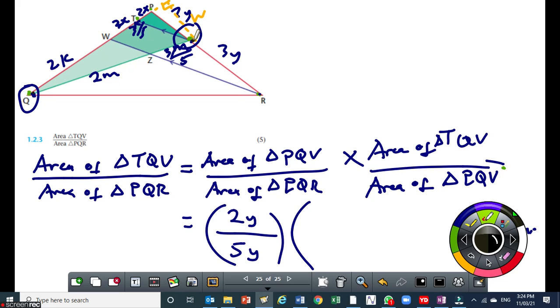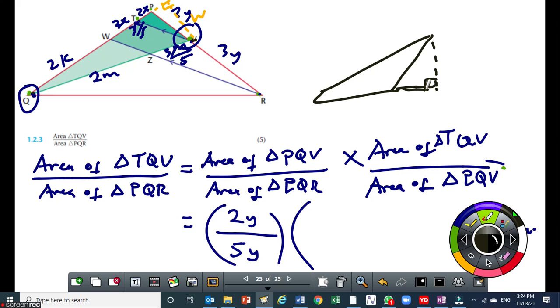But if I ask you to draw or construct where the height is, this will be the height. I hope you are aware that if I give you a triangle like this and ask you to construct the height, you construct it outside the triangle, like that. That's what I do.